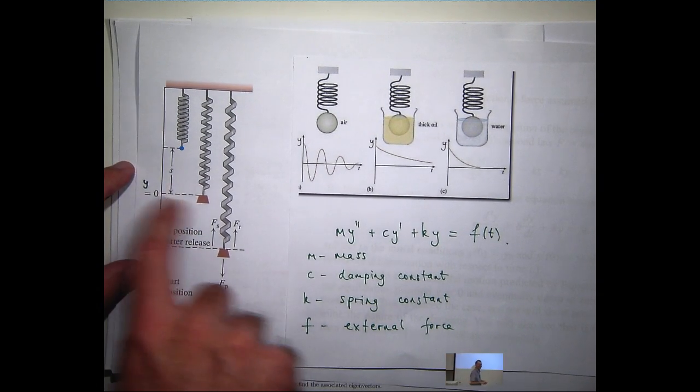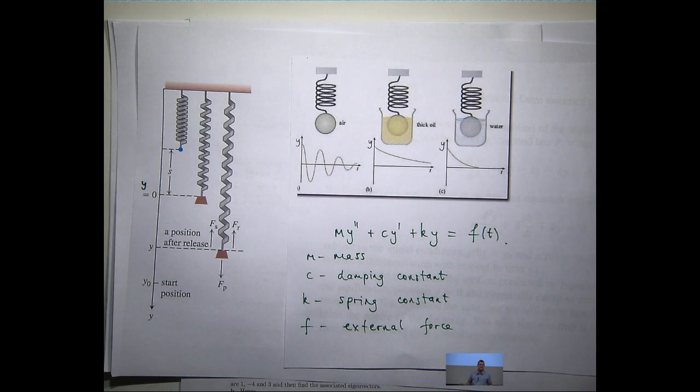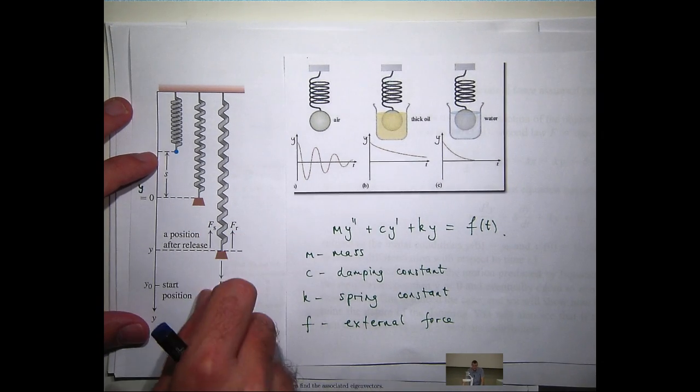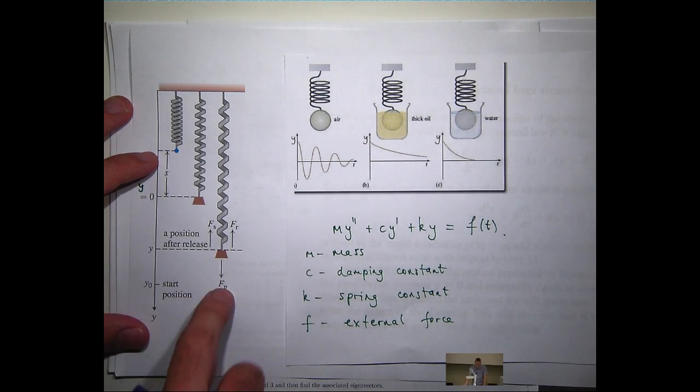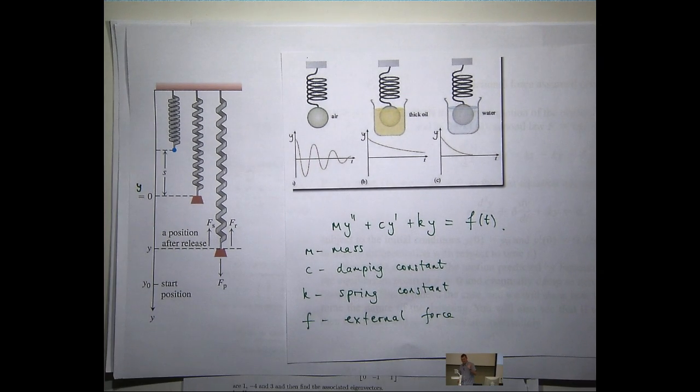Now, y equals 0 is the equilibrium position. That's the position where the mass would hang just normally, just under gravity. What you do is you pull the mass down to some sort of starting position and then let it go. And y of t is the subsequent displacement at any future time t.